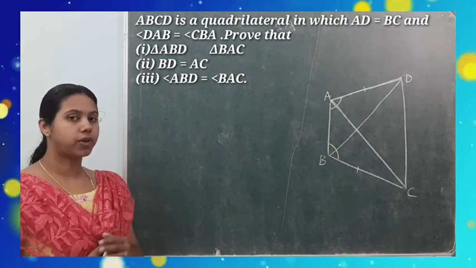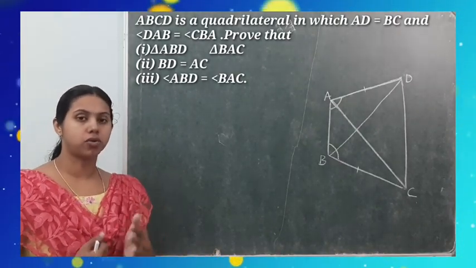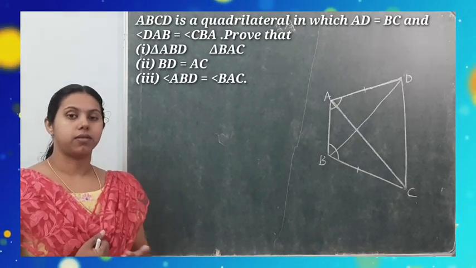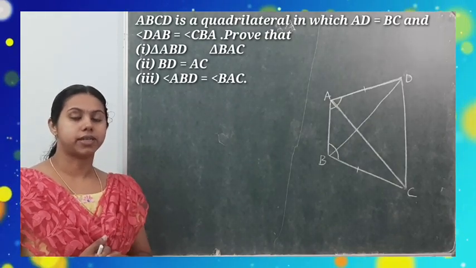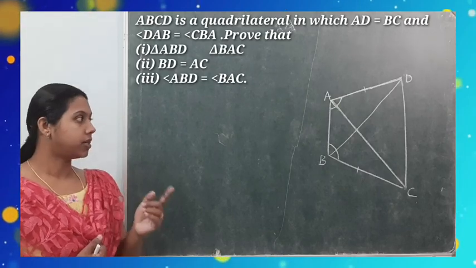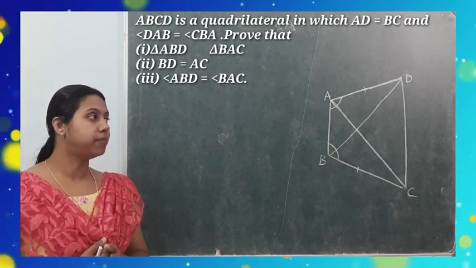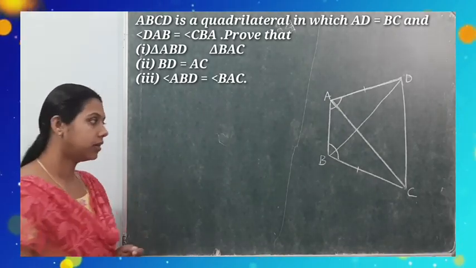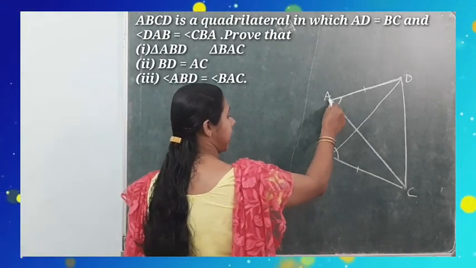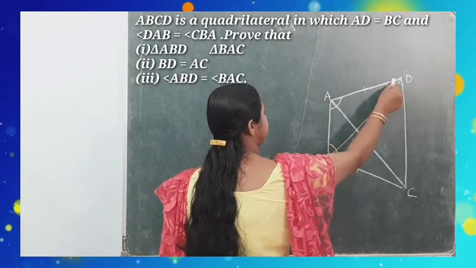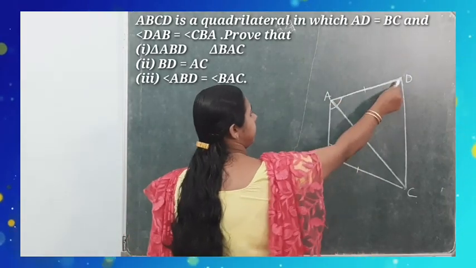So first of all, you identify the triangles which you want to show are congruent. One is triangle ABD. Are you able to identify the triangle ABD from the figure? Triangle ABD. This is triangle ABD.